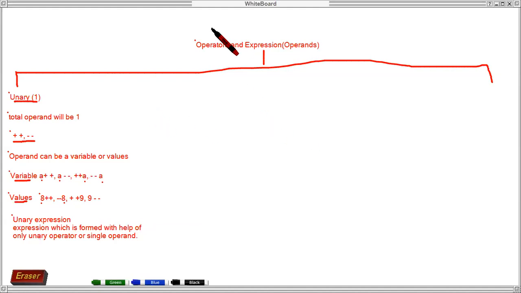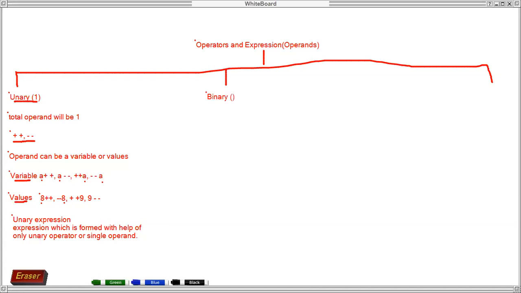Now we will change it a little bit into the binary concept this time. So binary means what? Binary means 2.